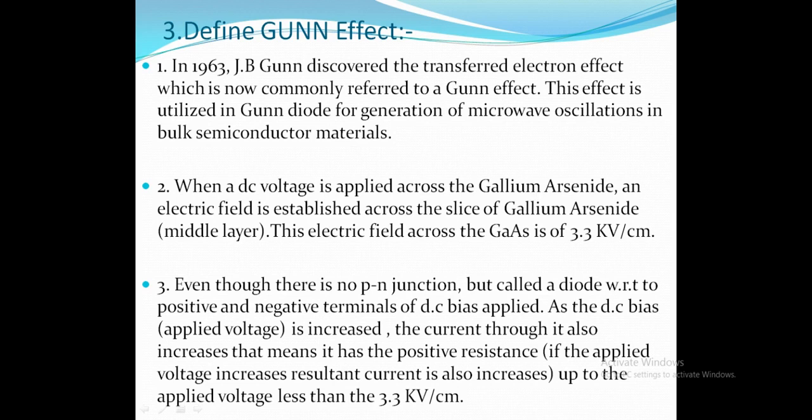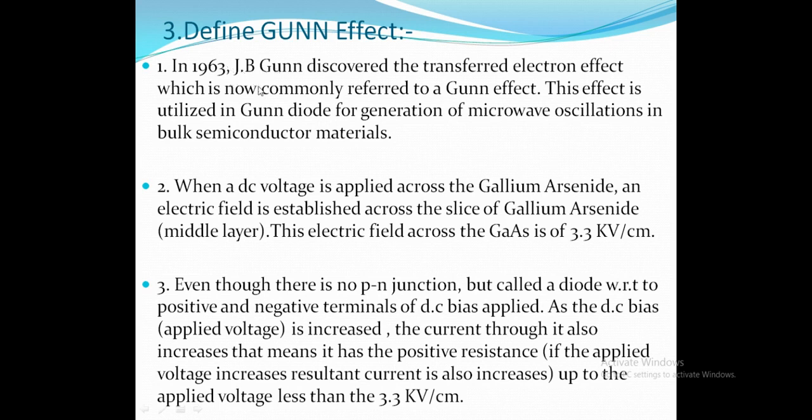Coming to the Gunn effect. The Gunn effect was discovered by J.B. Gunn in the early years of 1963.